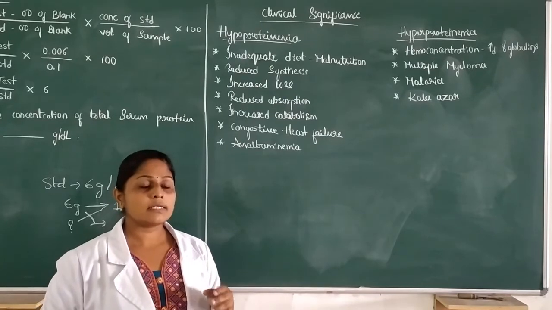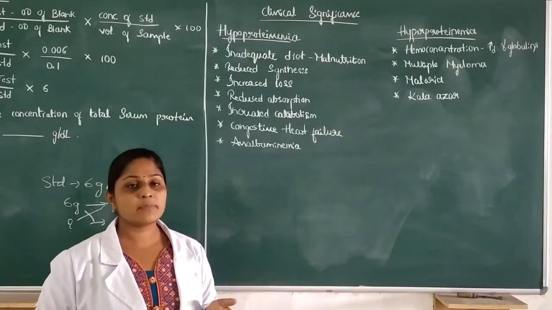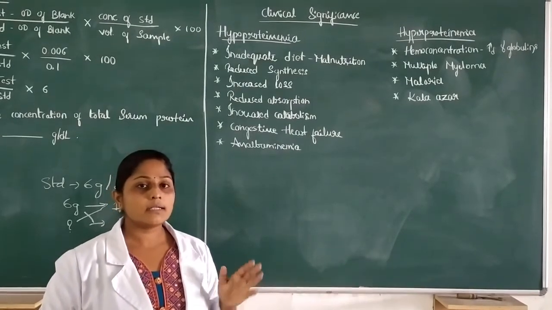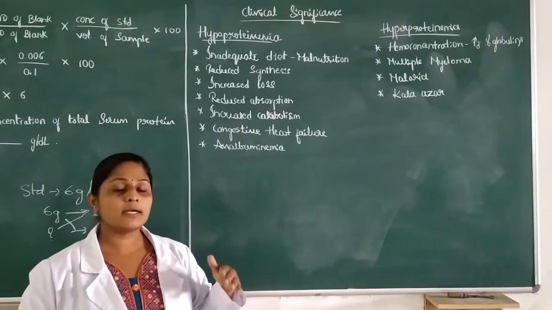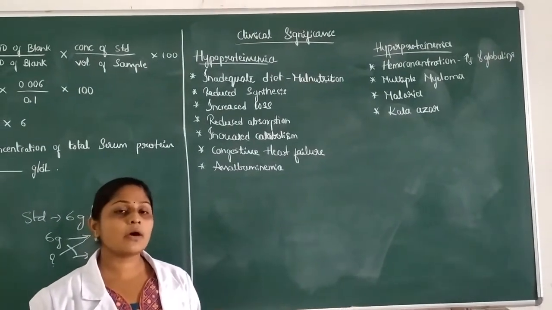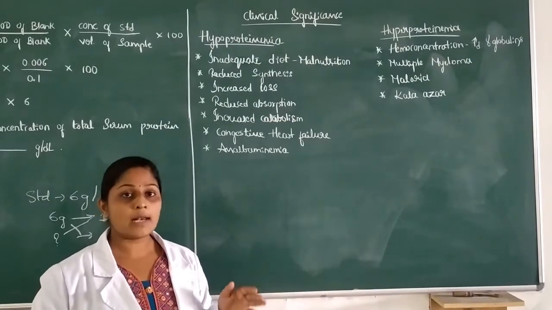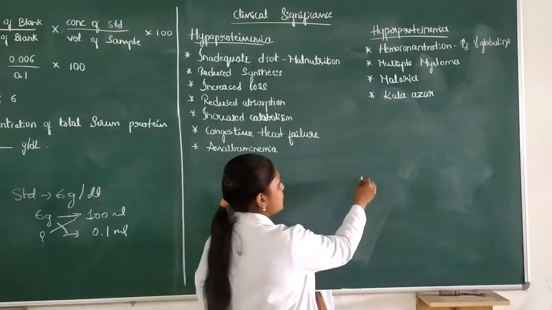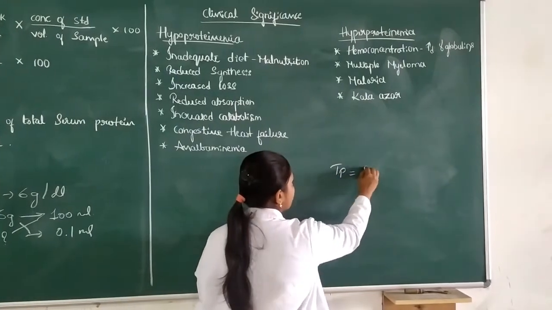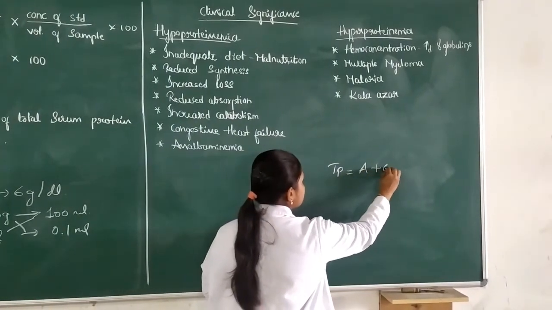In estimation of albumin, we will explain the calculation also, but that is easier: albumin value divided by globulin value. How do we get the globulin value? Total protein is equal to albumin plus globulin.